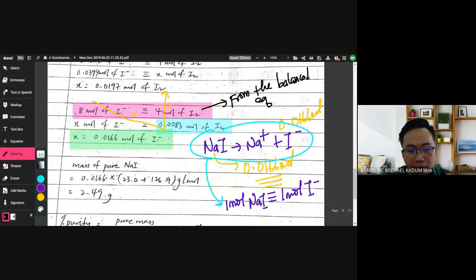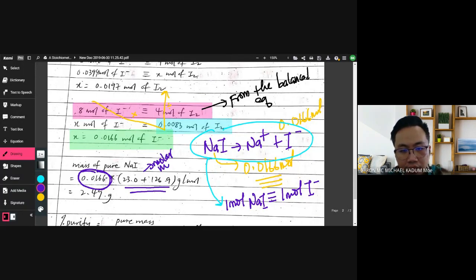So that's why kita boleh guna 0.0166 mol ini dan kita boleh darab dengan molar mass NaI di sana. Okey. Benda ini yang dia tidak nyatakan di dalam soalan.